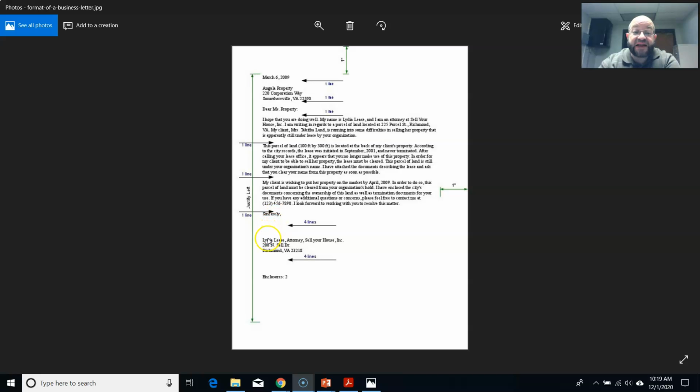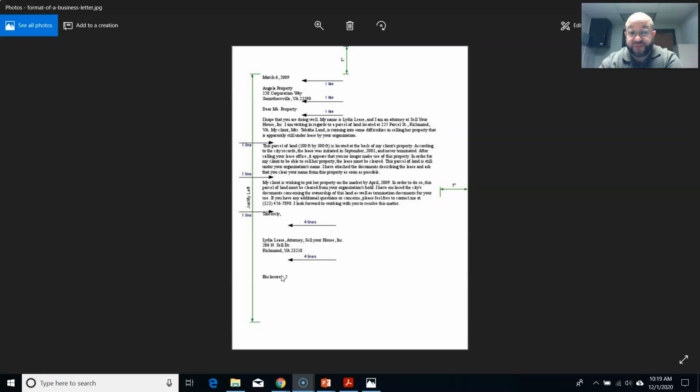That gap is for a handwritten signature. If this person, Miss Lease, who is writing the letter, chose to, she could sign her name here. However, in electronic mail, if you're not including your signature, simply put an additional space under Sincerely and then the name itself. And if there's anything enclosed with the letter.